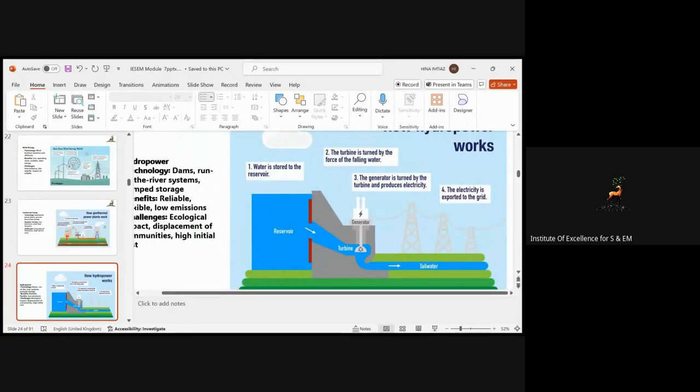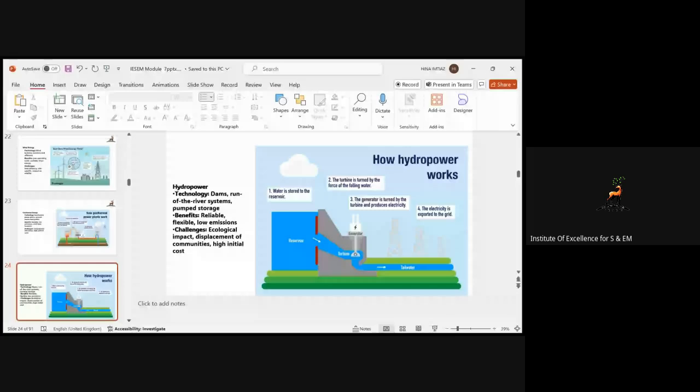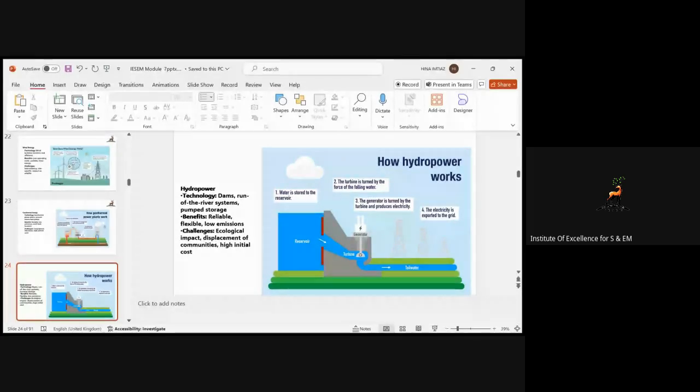So apart from that, about the hydropower, I want to tell you that hydroelectric power is produced with the movement of water, because the source of hydroelectric power is water. So hydroelectric power plants are usually located on or near a water resource.